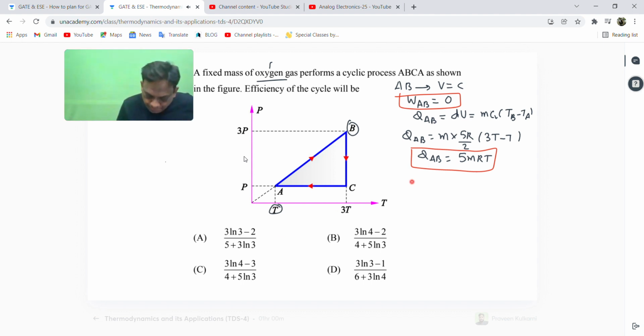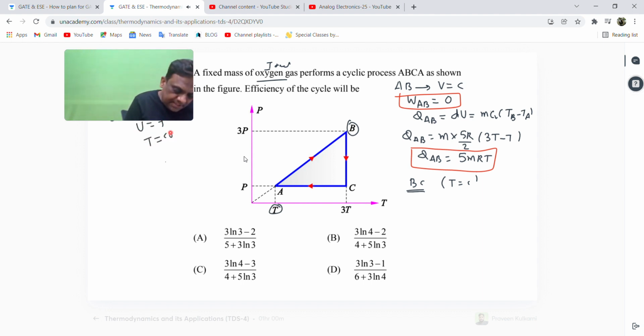Now let us go to BC. Can anyone tell what is BC? Isothermal. Oxygen can be treated as an ideal gas. When an ideal gas undergoes an isothermal process, what is the relationship between heat transfer and work transfer? Look here: dQ is equal to dU plus dW. Oxygen, ideal gas, so internal energy of an ideal gas is a function of temperature.